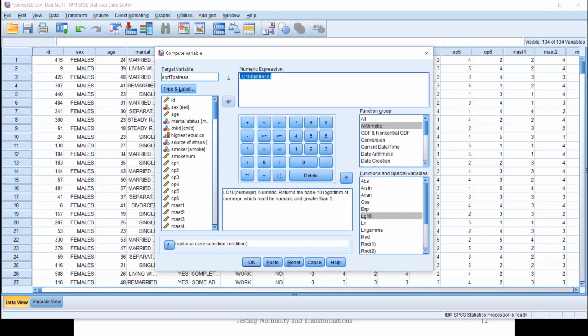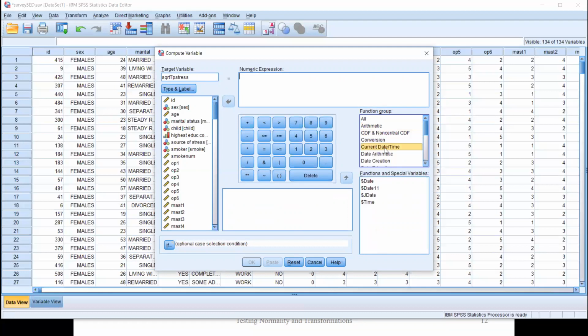We have to apply a formula on the right side, in the numeric expression. In the numeric expression, we have to pick a function. Like Excel, you have different function groups: arithmetic functions, date and time functions, PDF and random numbers. I am picking the arithmetic functions.